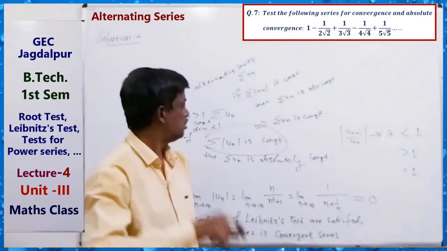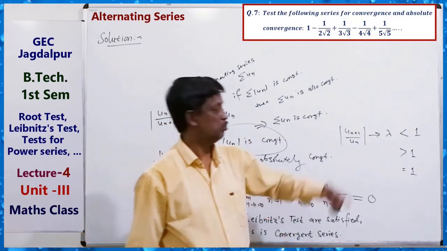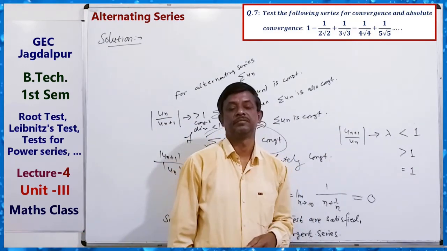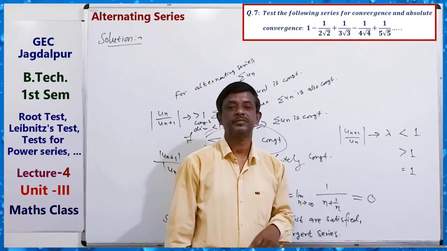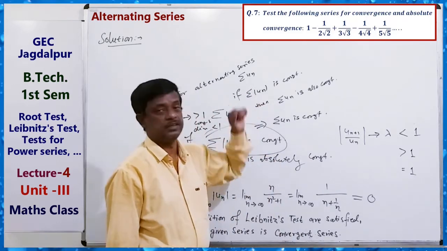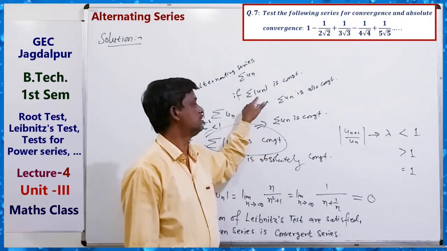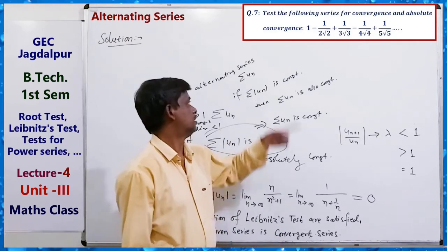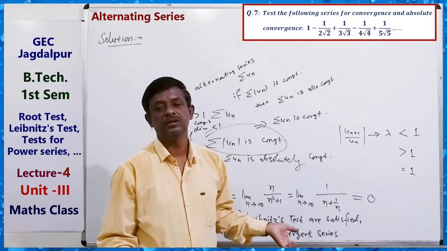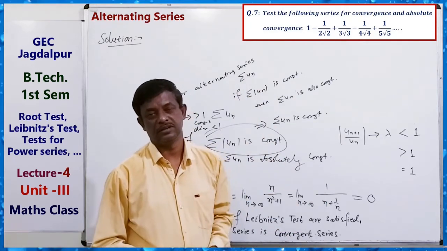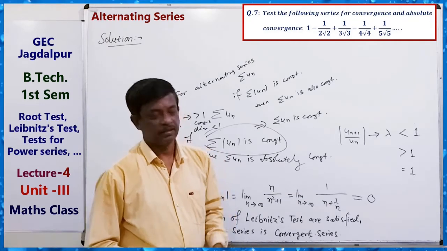In place of un upon un plus 1, we just take the modulus of un upon un plus 1 for the convergence of this series. If this is convergent, then it is absolutely convergent, and the alternating series will be convergent. Clear? Main thing.